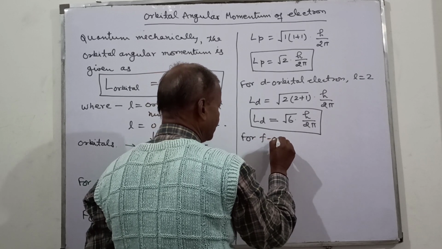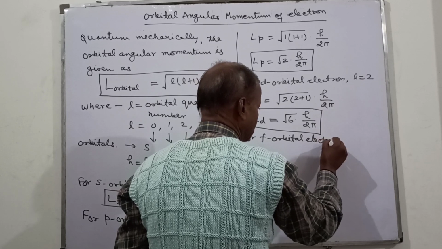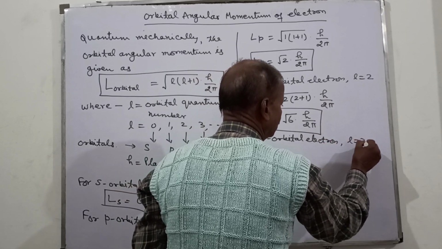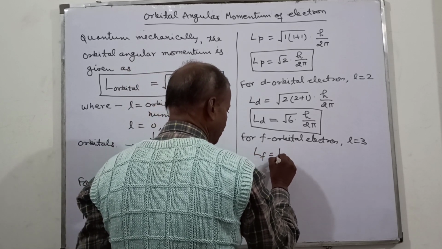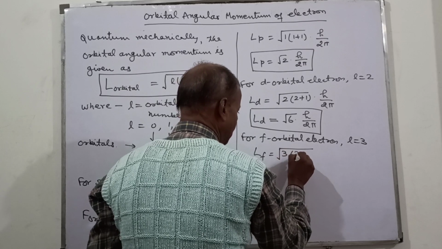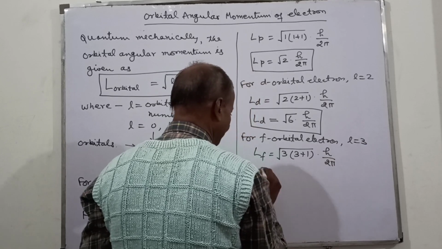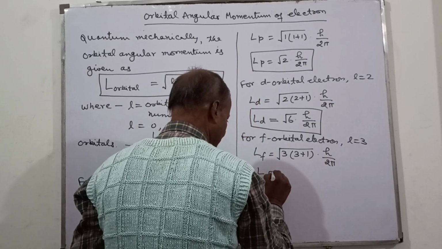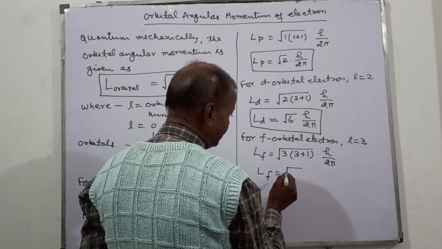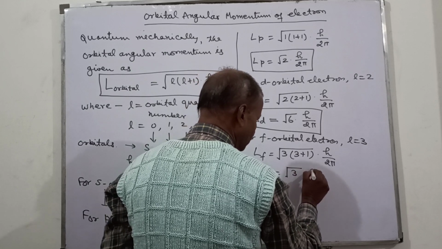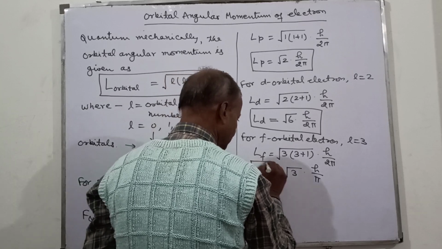For f orbital electron, l equal to 3. So this Lf equal to square root of 3 into 3 plus 1 into h upon 2 pi. So this is now square root of 12, so we can write this as square root of 3 into h upon pi.